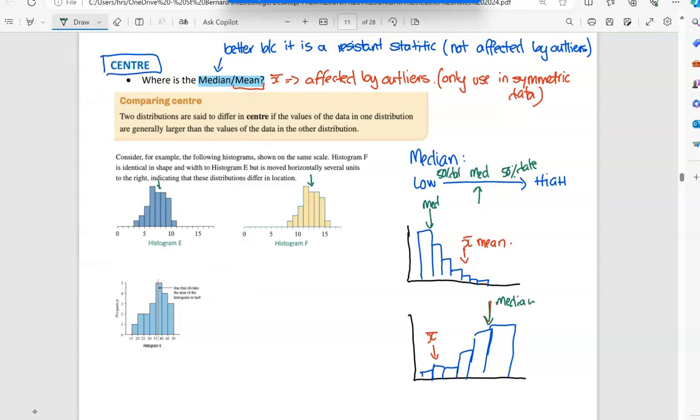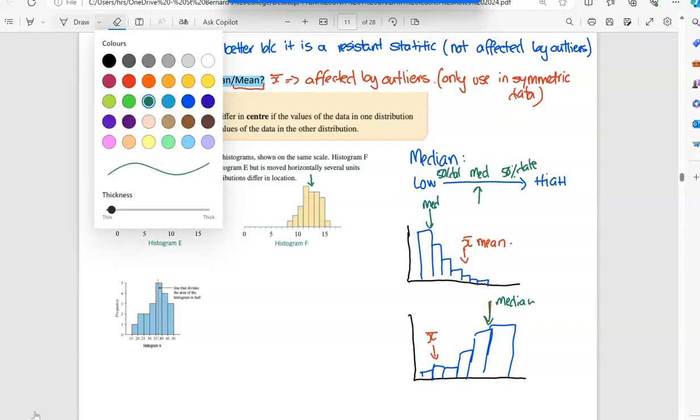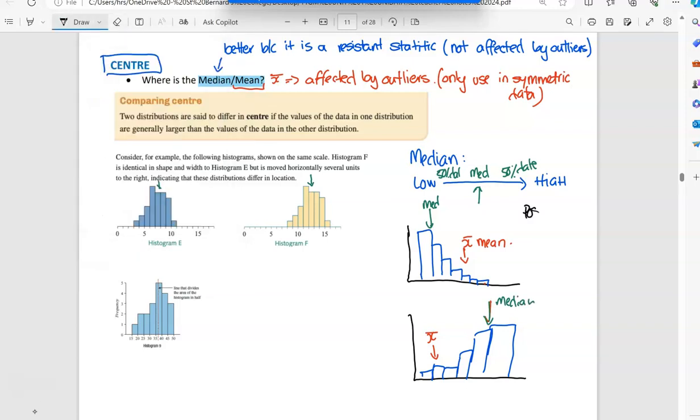So you can see when we might write a note there. When we have positive skewed, the median is lower than the mean.